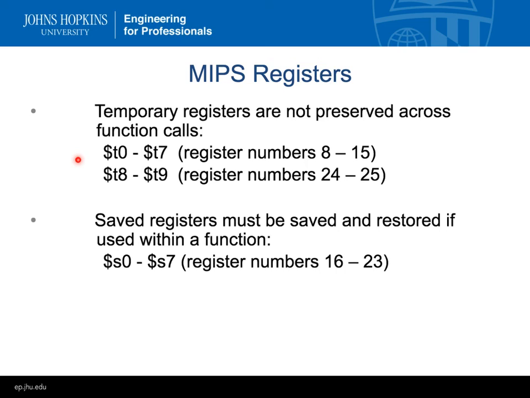They're not preserved across function calls, which is not something we're going to be concerned with in this class. S0 to S7 are registers 16 to 23, and T8 and T9 are 24 and 25. So if you're doing arithmetic and logic instructions, or even loading and storing, you're going to put it into these T or S registers.